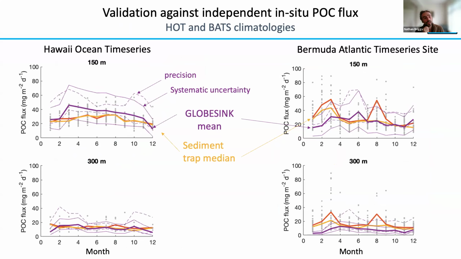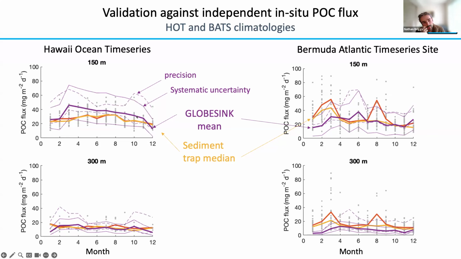So we get good climatology in these regions of what the annual cycle in carbon flux should be at multiple depths. And so this is showing 150 meters and 300 meters. And the purple one is this GlobeSync data set that I've been telling you about. And then the red and the orange and the yellow lines are the mean and the median of the sediment trap data.